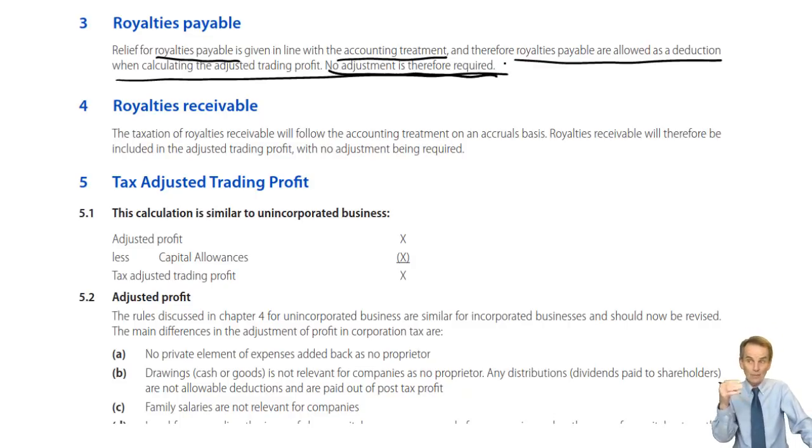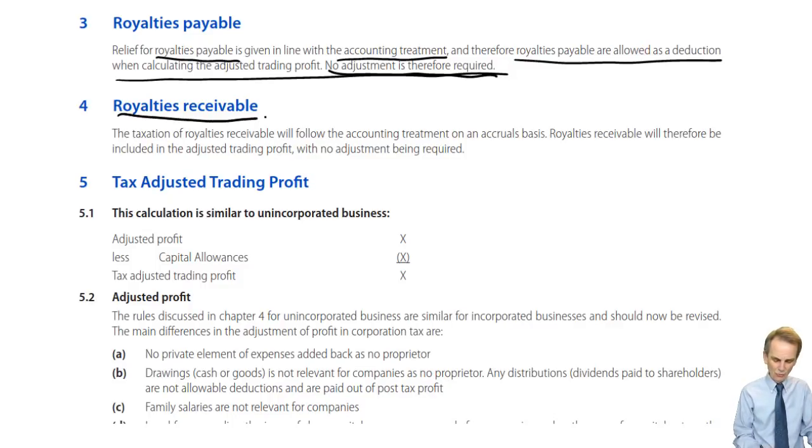If they told us, here is the accounting profit before dealing with the following, and royalties payable was one of those, then royalties payable are a perfectly normal trading expense and will be deducted in deriving the tax adjusted trading profit. Against that, royalties receivable.